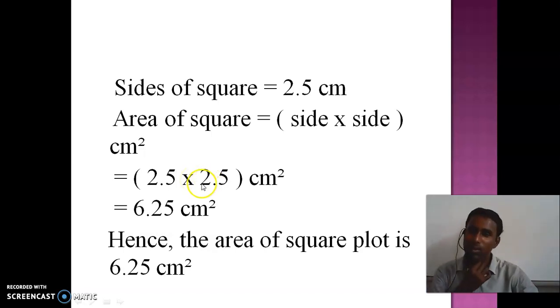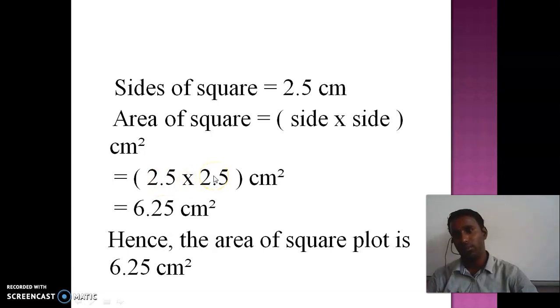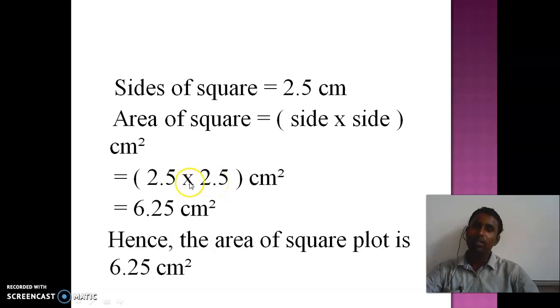So what is this value? How to multiply 2.5 into 2.5? Just forget about the point. First multiply 25 into 25. If you multiply 25 into 25, you will get 625. Then, the decimal point: on the right side, how many digits? Here only one digit is present, and here only one digit is present, so 1 plus 1, totally 2 digits present.